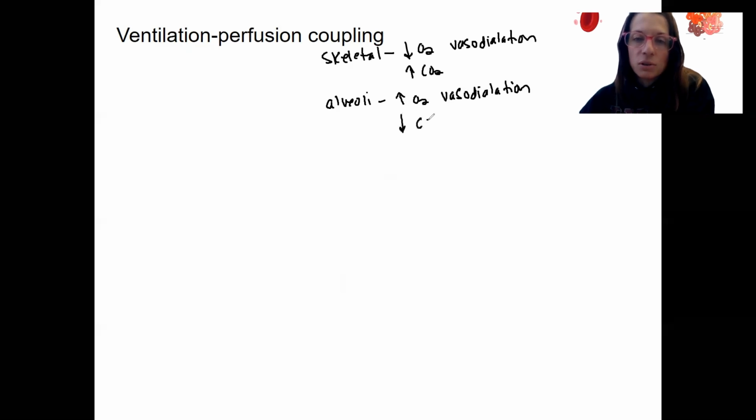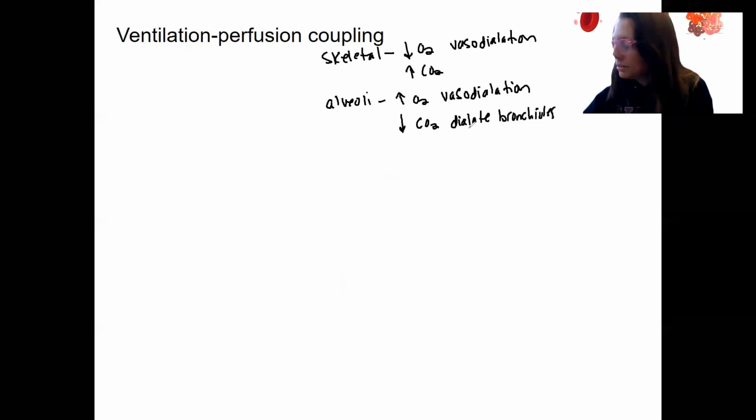Likewise, high CO2, and this is where there's another caveat, is going to dilate our bronchioles to be able to exchange that CO2 out. So it's two opposite mechanisms for the two gases.